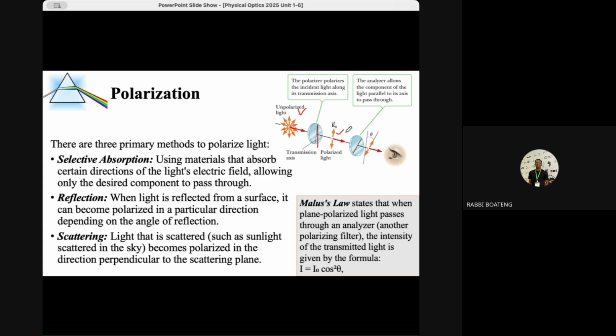Now, if you have a situation like this, we are saying the light is what? It's polarized.